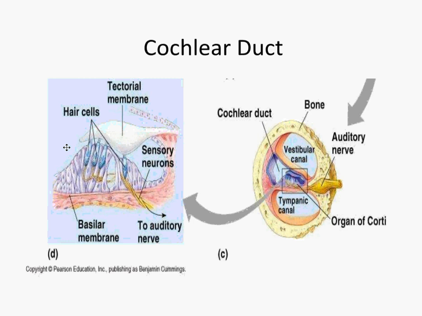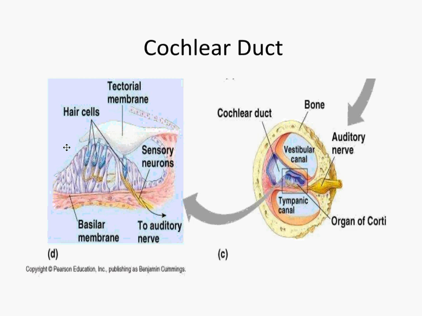The vibration causes those to bend, and when they bend, it causes those cells to depolarize. Depolarization leads to action potential, nerve impulse goes to the brain, which perceives that as sound.